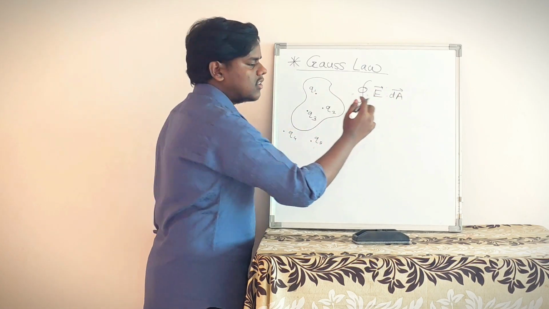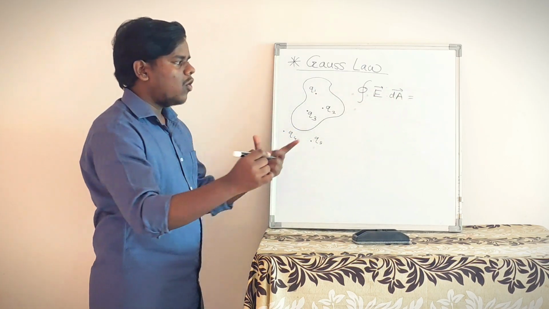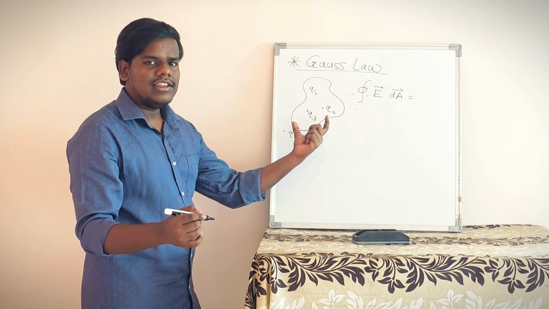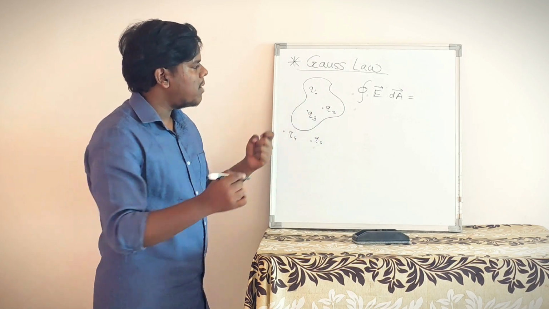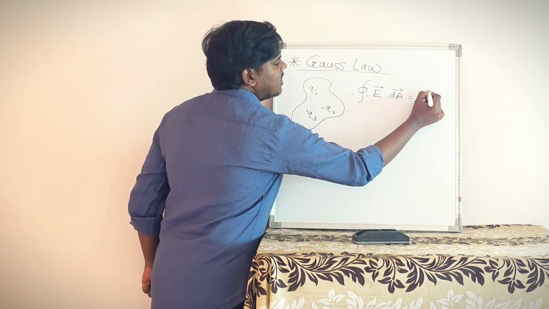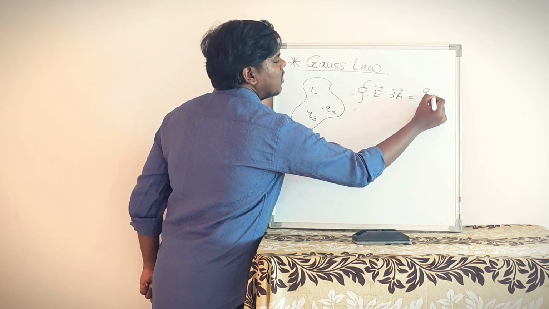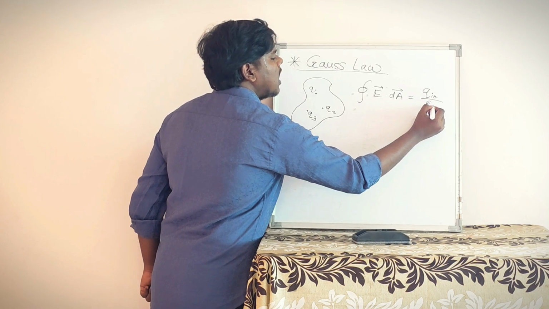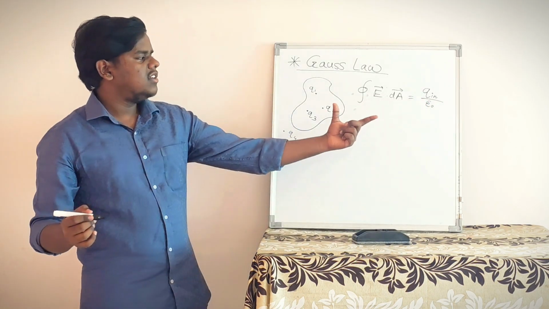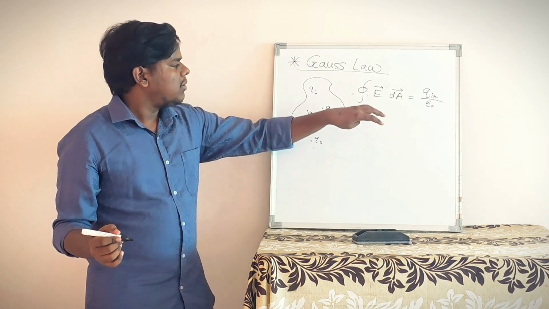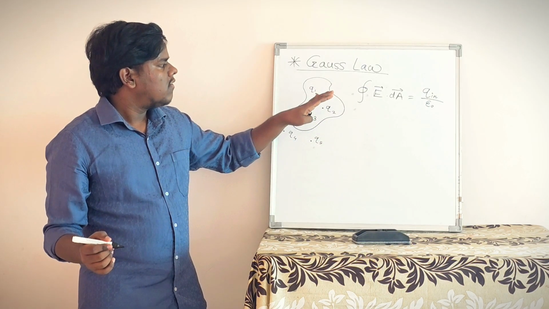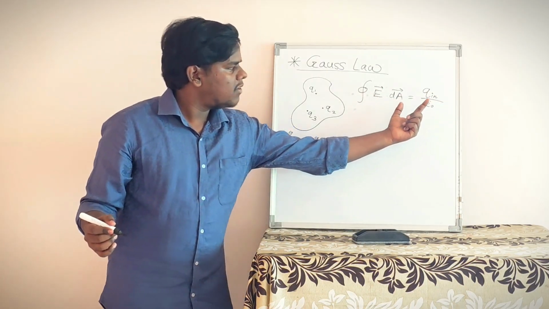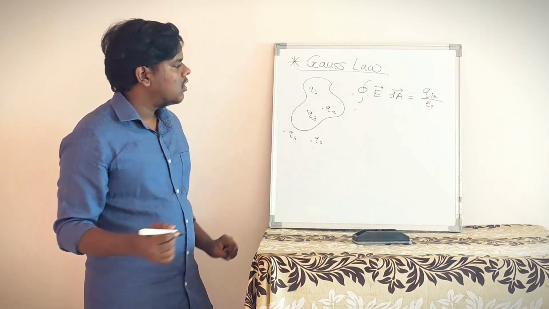This is our flux through a closed surface. This is equal to the charge enclosed inside this closed surface times 1 upon epsilon naught, so total charge inside upon epsilon naught. This is our statement of Gauss law. That means flux through a closed surface is the total charge inside this closed surface times 1 upon epsilon naught.